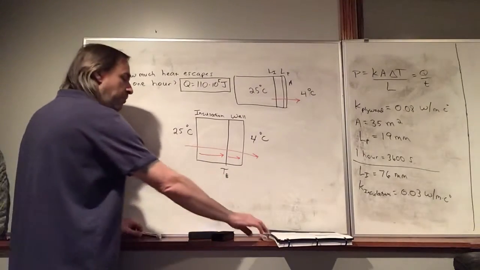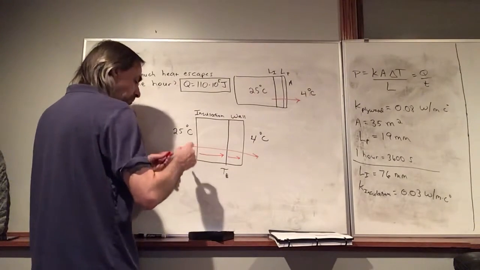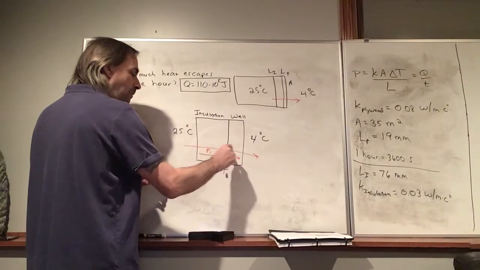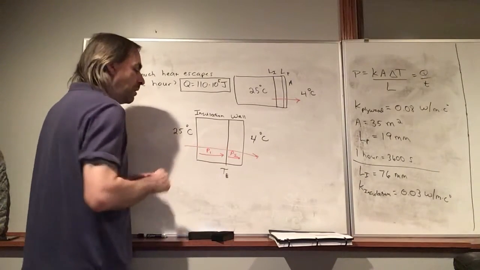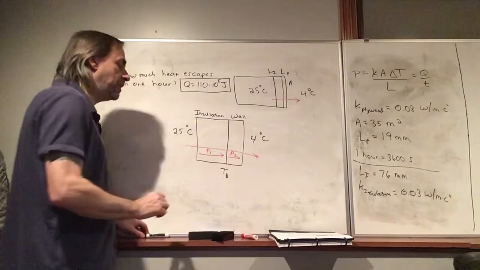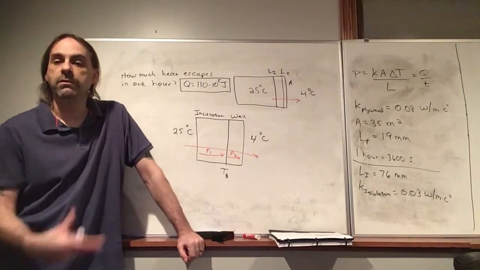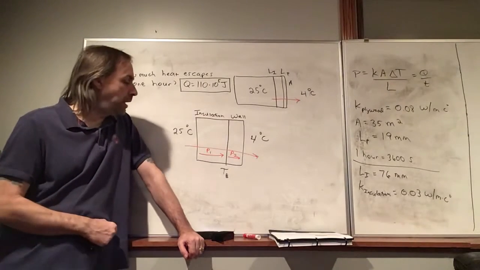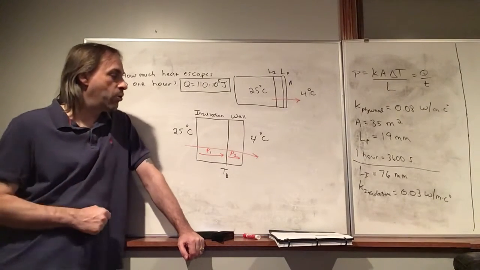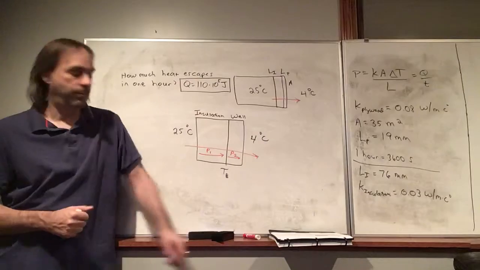So let's say this is P1 and this is P2. P1 is the rate that heat is flowing through the insulation. P2 is the rate that heat is flowing through the wall. And we're going to state that those are equal to each other.